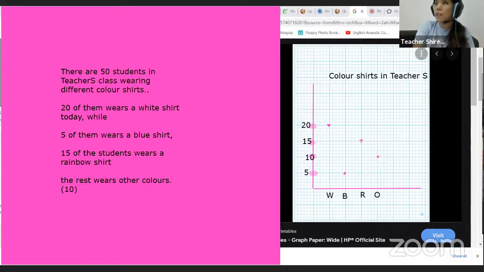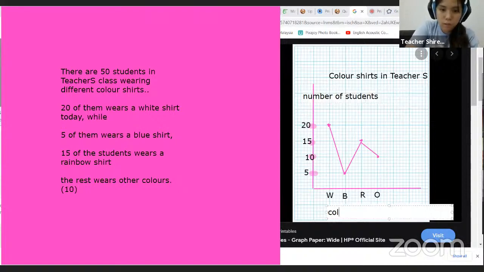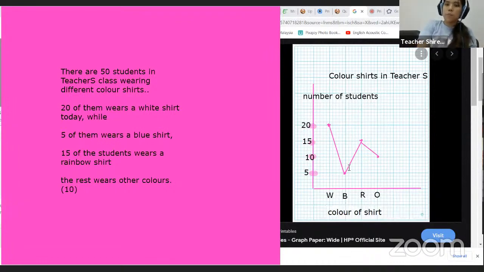So your line must always join, cannot go up, down, and then turn left, right. Must be the first, join to the second, join to the third, join to the fourth. That is how you do it. That is pretty much line graph. Got it?